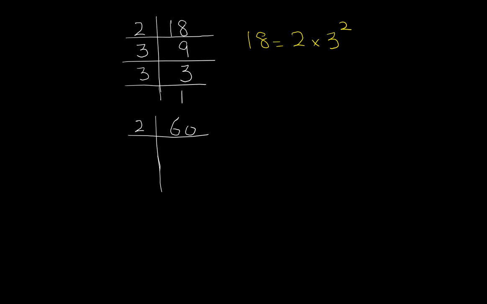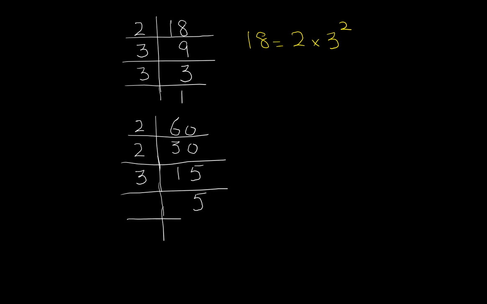So then 2 times 30 is 60. And then 30 is still an even number, so it divides by 2. 2 times 15 is 30. And then 15 does not divide by 2, but it certainly does divide by 3. 3 fives are 15, and 5 itself is a prime number, so it only divides by 5.